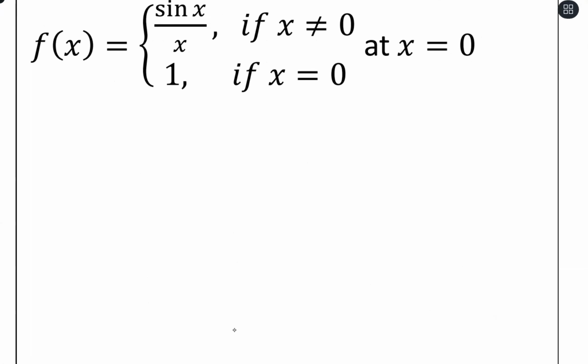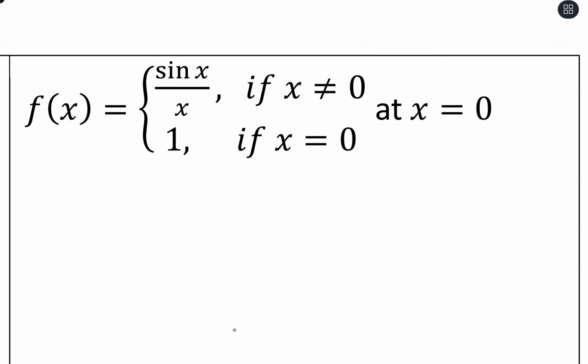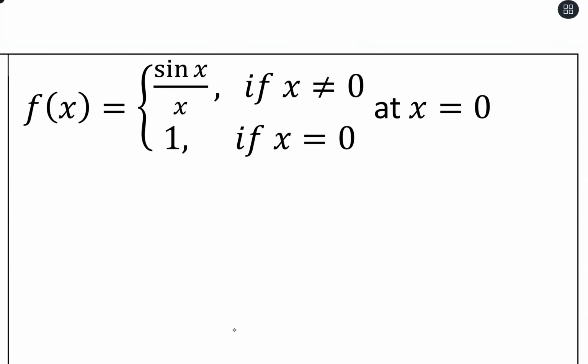Okay, piecewise again, but what we want to be careful of is, are they matching up? And with this one, what's actually going to be happening is this is undefined at x equals 0. So what we could do is graph this, but what we're going to be seeing here is we're undefined right there.